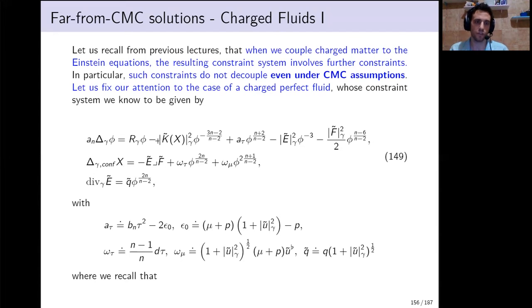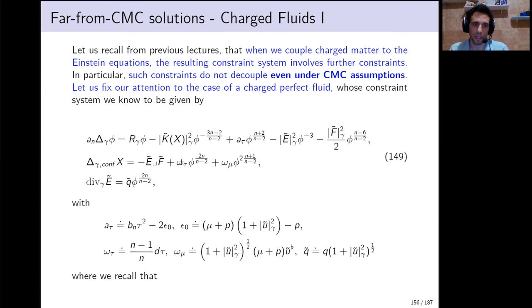in order for the system not to lose its defining properties, there's no way to decouple the system. So even under CMC assumptions that, for instance, would kill this term here, the system would be completely coupled, even under CMC assumptions.